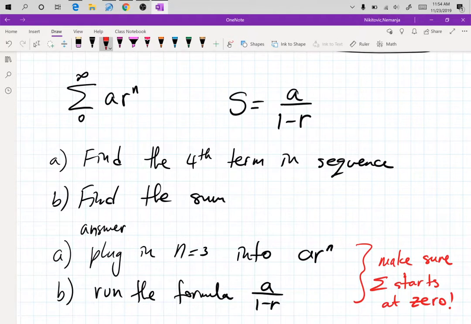So the sum must start at 0, and then if you want any kind of term, you just put n minus 1. So if you want a 127th term, you just put 126 there. You are looking for either the value of the term, which is a_1 or a_10 or something, or you are looking for the sum, which is when you use the formula.